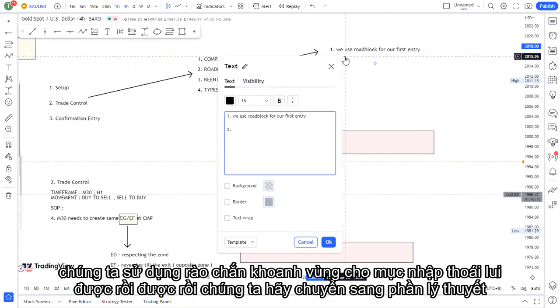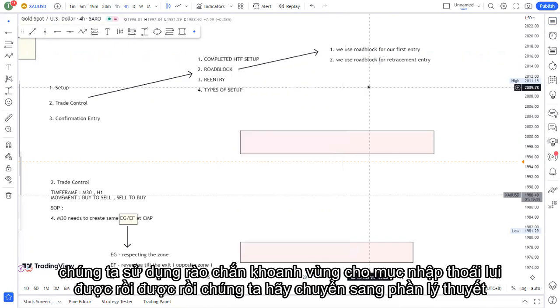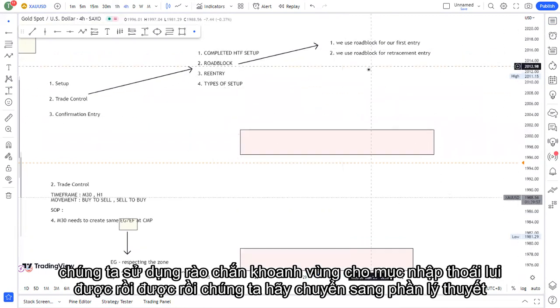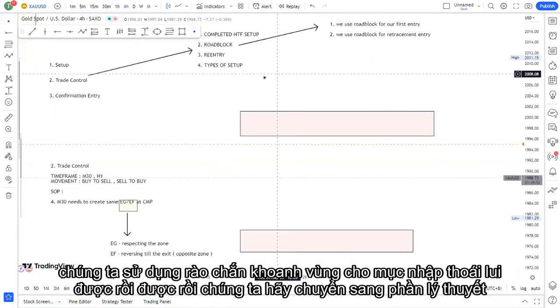And the second thing, we use roadblock for retracement entry. Okay, so let's go to the theory.